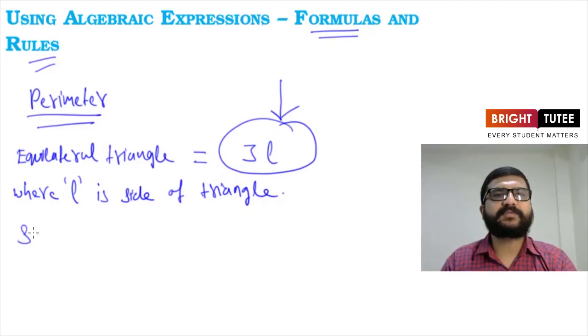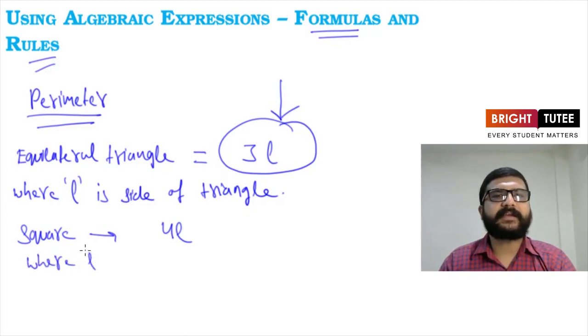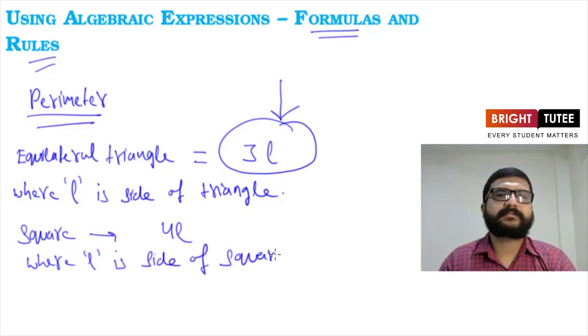Now similarly, suppose we have a square. For a square, what will be the perimeter? It will be 4L, where L is the side length of the square. So here the expression for finding perimeter is 4L.